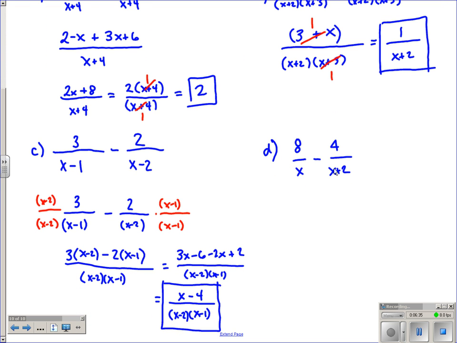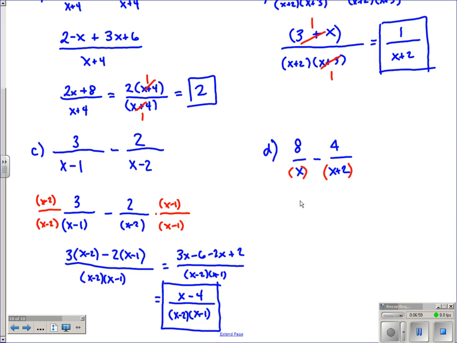Let's remember here that this entire thing is a factor, and this is a factor. We can't change our factor. So in order to end up with common denominators here, I have to ask myself, what factor does this denominator have that this one doesn't have? And if you said the quantity of x plus 2, you are correct.